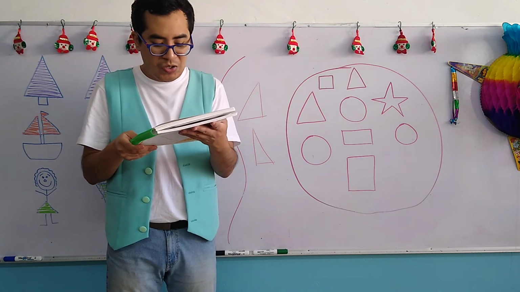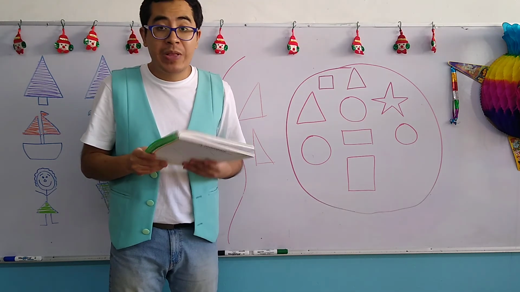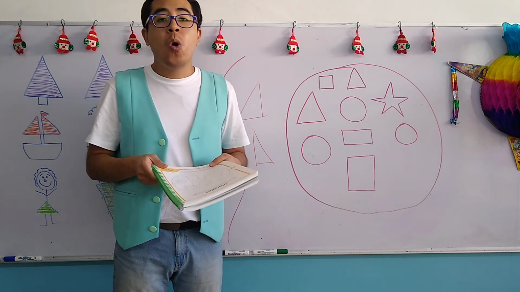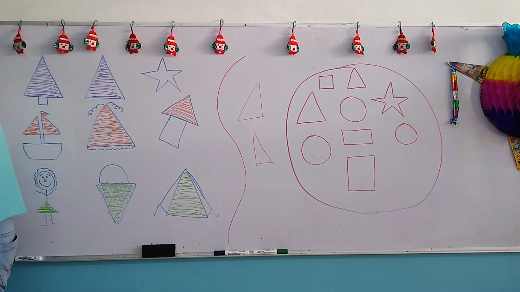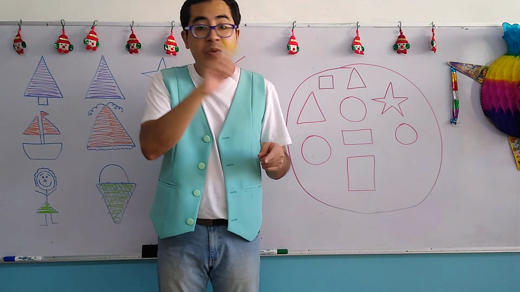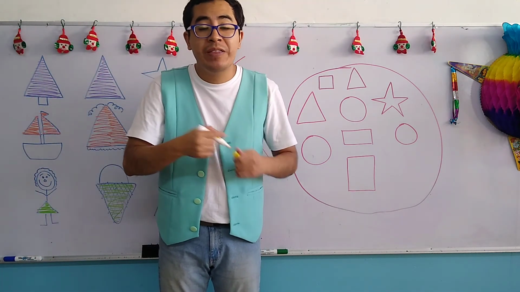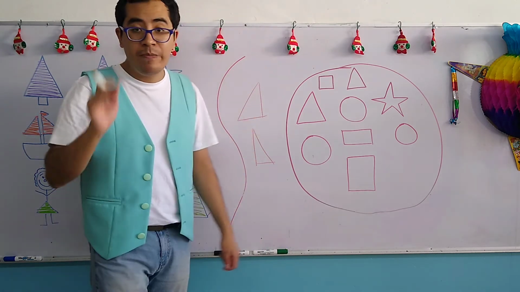And the instructions said that with color yellow, we have to put an X on all triangles. All triangles with color yellow, okay? Now, once again, we don't have to paint them. We have to mark them with an X. Only the triangles, okay? So let's commence.